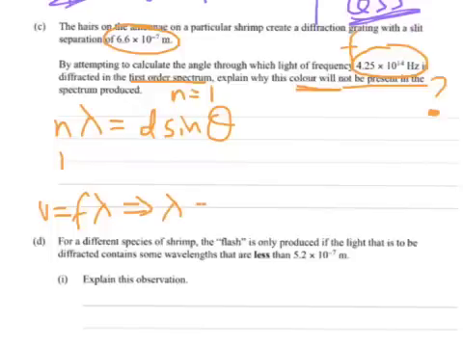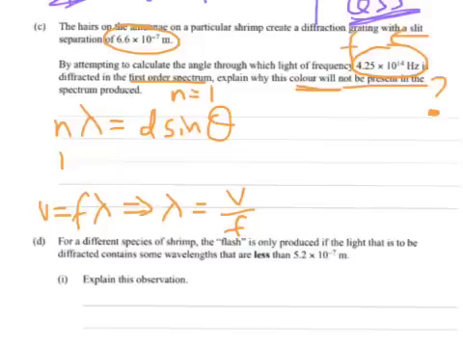So lambda equals v over f. v is the speed of light, which is 3 times 10 to the 8 meters per second, and frequency was given to us up there, the 4.25 times 10 to the 14.